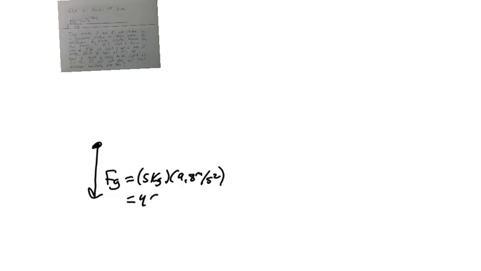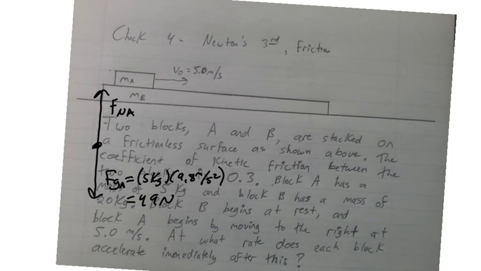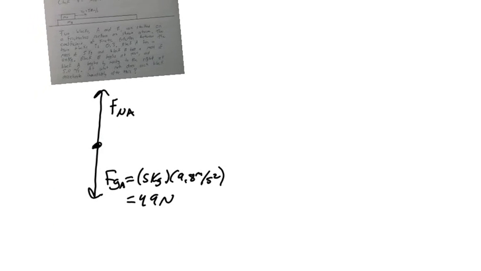So that's 49 newtons. And we've got a normal force, and I'm going to go ahead and label this force gravity A, and this one normal force A. And then that is moving to the right. And so the frictional force which opposes motion is going to point to the left.